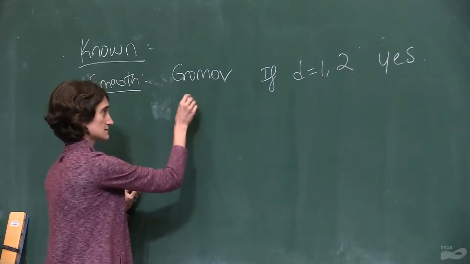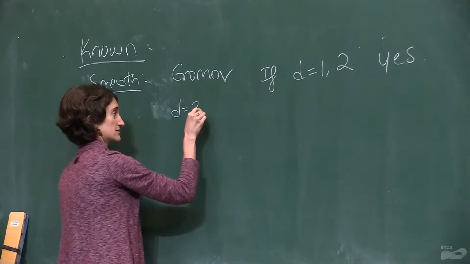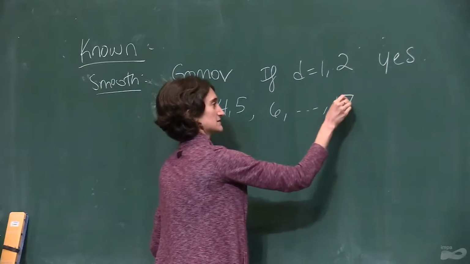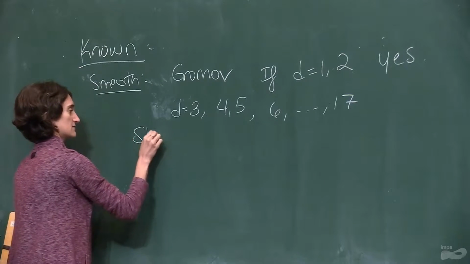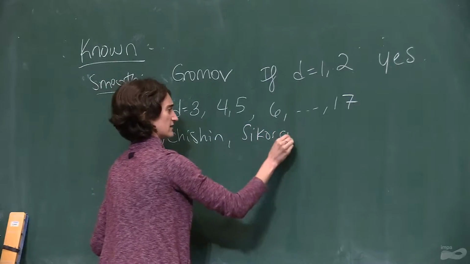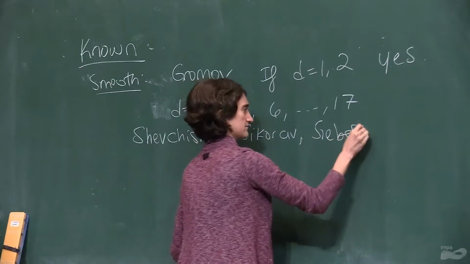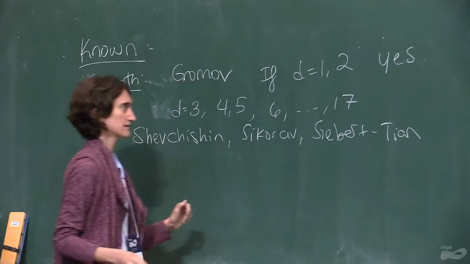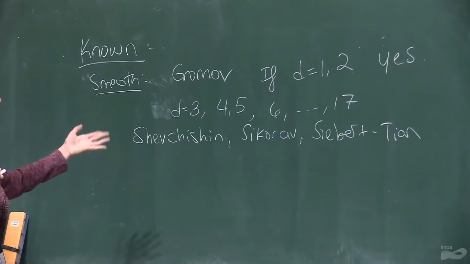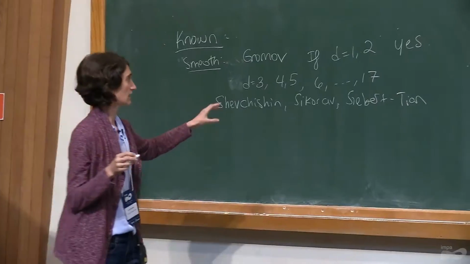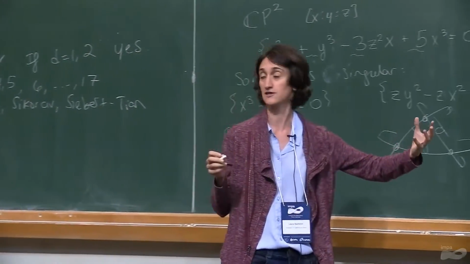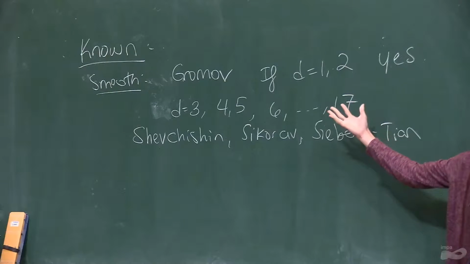And then the techniques were extended to degrees 3, then 4 and 5, and then up through 17 by Shevchishin, then Sokurov, and then Siebert and Tian. And then they kind of ran out of steam. What happens is that as you get to higher and higher degrees, all of these people are working with pseudo-holomorphic curves, looking at a family of pseudo-holomorphic curves that are trying to represent these symplectic surfaces.